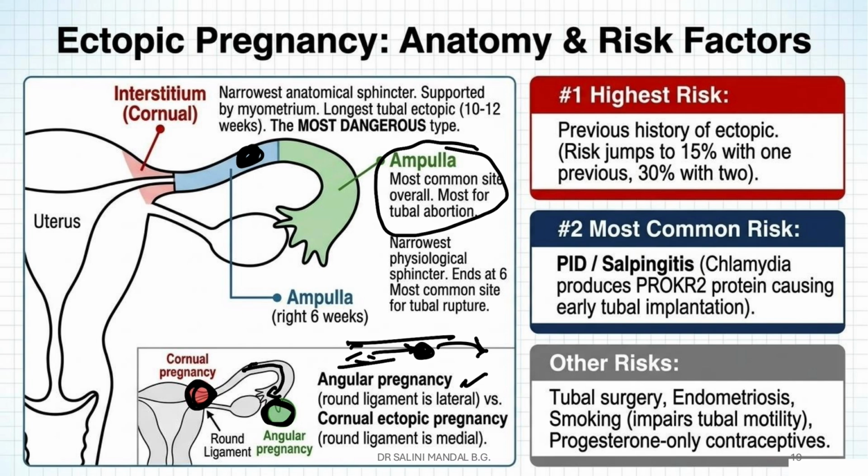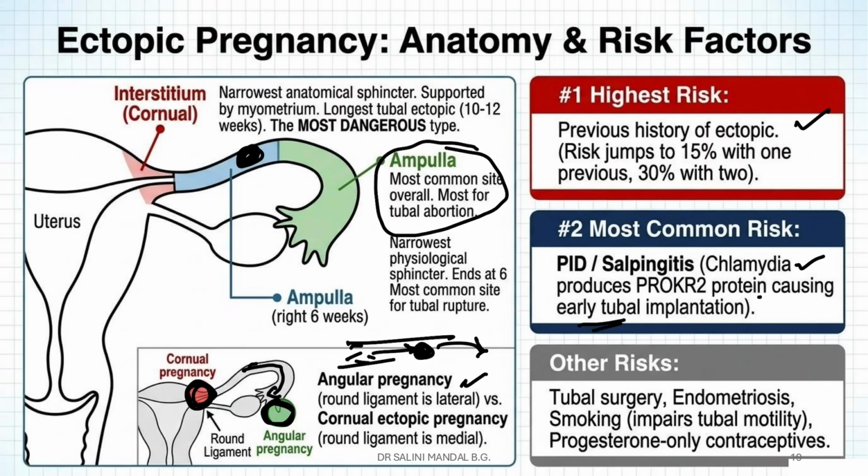Okay, now there is always a previous history of ectopic pregnancy. That's the highest risk. If one was there, next time it can be too. And the most common risk is PID or salpingitis. So what exactly happens is that if there is a chlamydia infection, it produces PROKR2, a protein, and this can lead to an early tubal implantation.